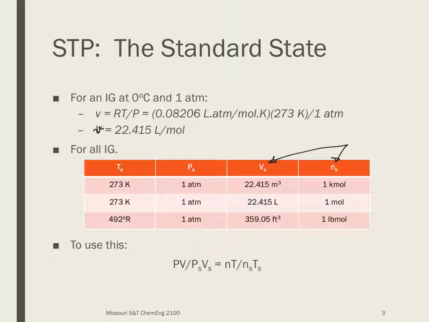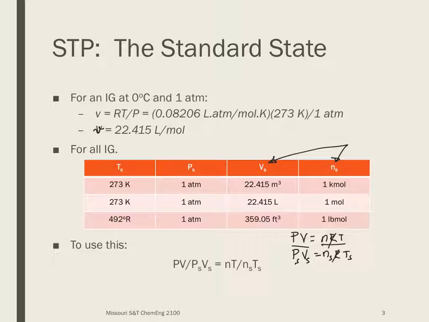Now, frequently the way we use this is we just simply take ratios of the ideal gas law. So pressure times volume equals nRT, and we do this at the actual state and the standard state. If you divide through these, PV over PSVS equals NT over NSTS, because the R is the same in both cases.